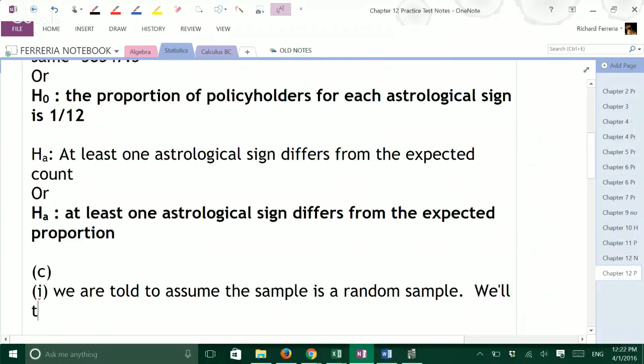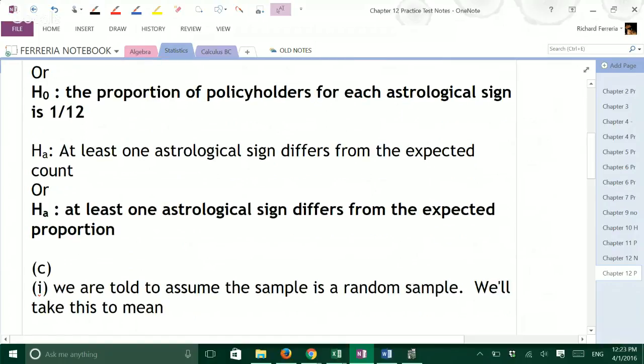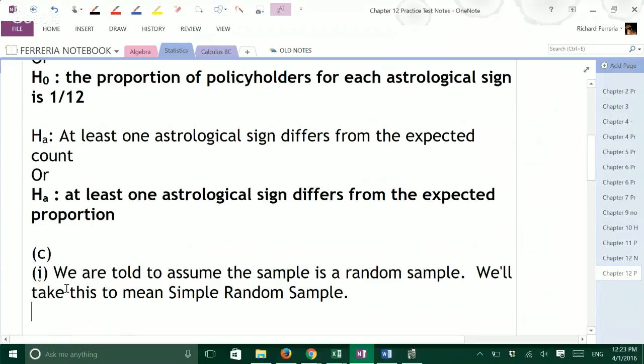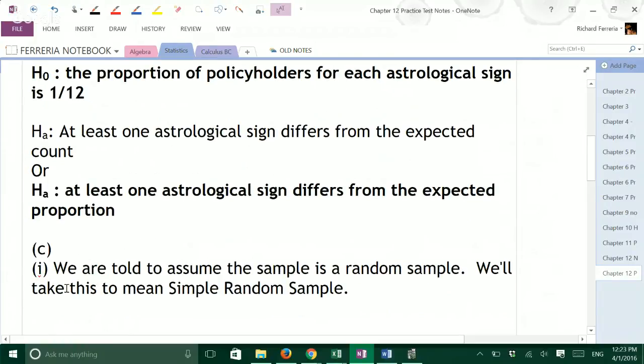We'll take this to mean simple random sample. Remember, it is supposed to be a simple random sample. Other random samples are not technically to be used. Must be a simple random sample.